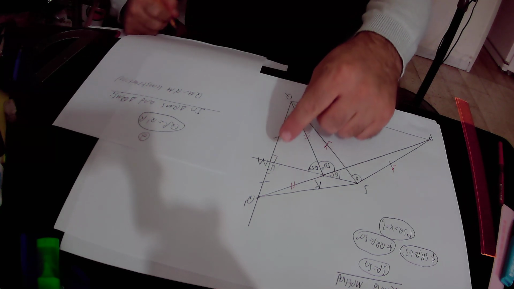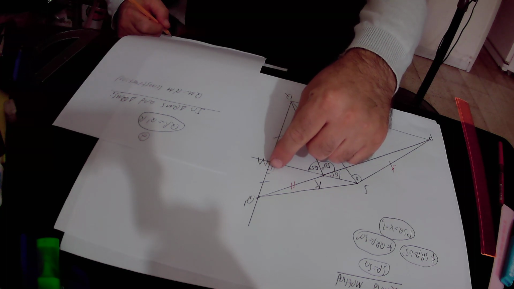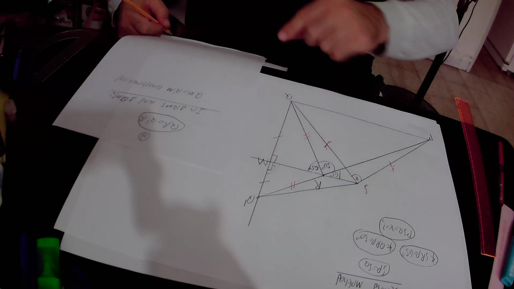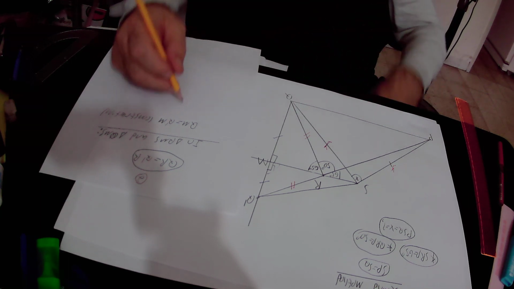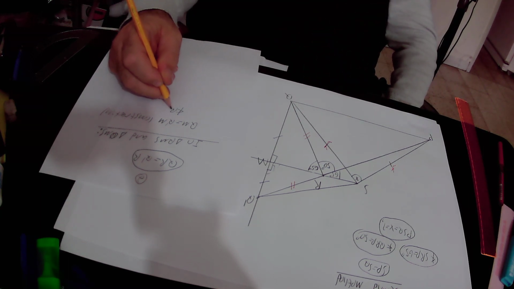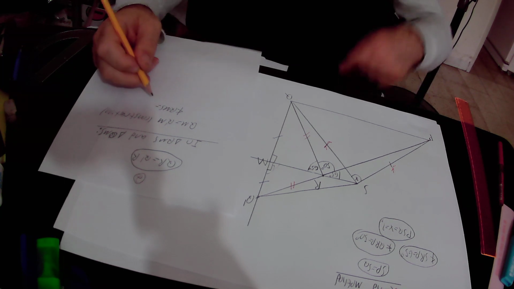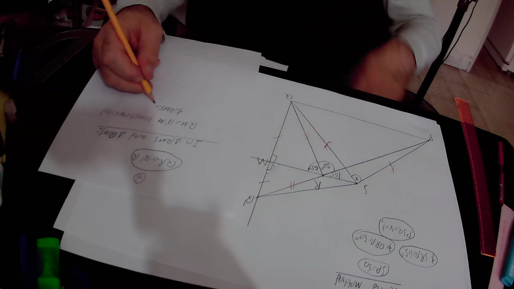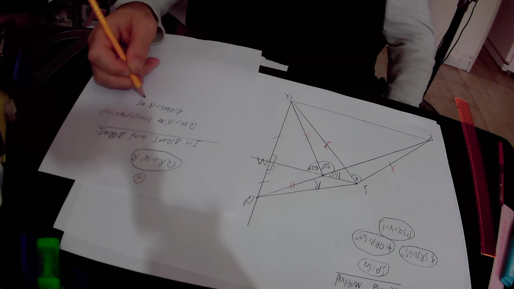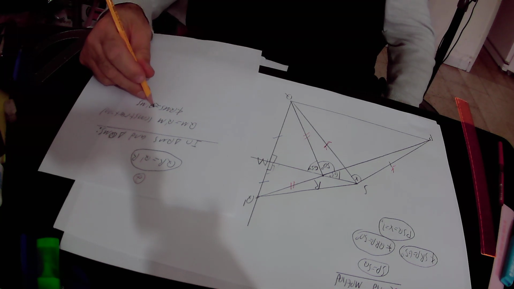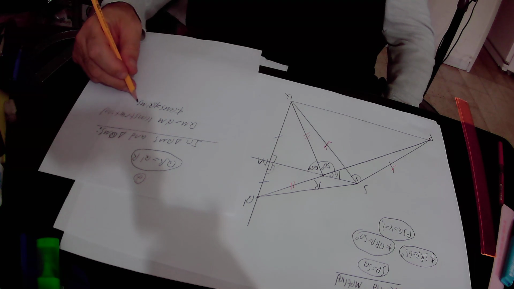We also know that those two angles are equal to each other, they are both equal to 90 degrees. So we can write down that angle QMS is equal to angle Q dash MS, and they are both equal to 90 degrees.